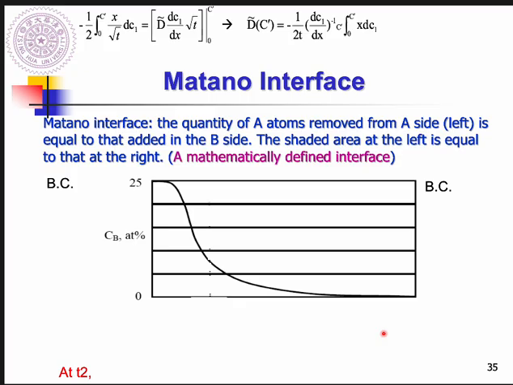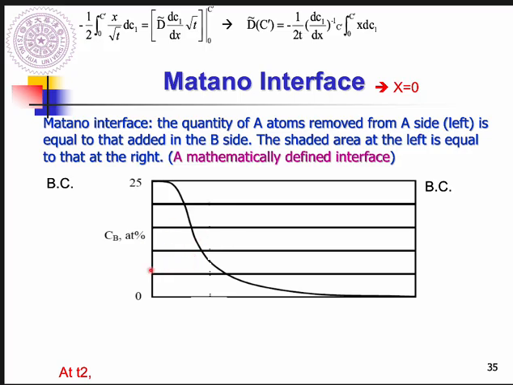So now we need to find the mathematical plane, which we call the Matano interface. This is the plane at x equals 0. So this is a typical profile you should have when you figure out that D is not a constant anymore. You should have a non-symmetric concentration profile.